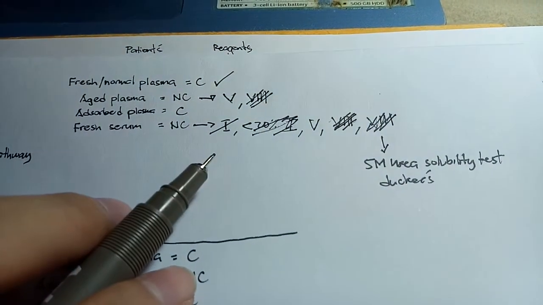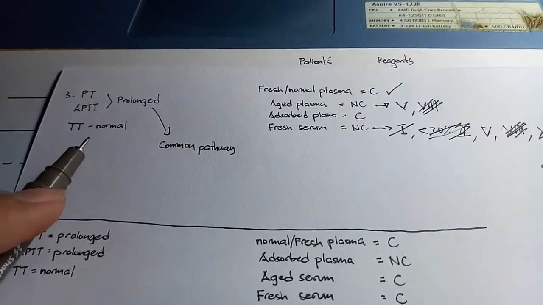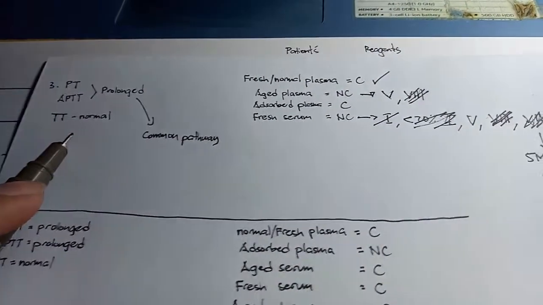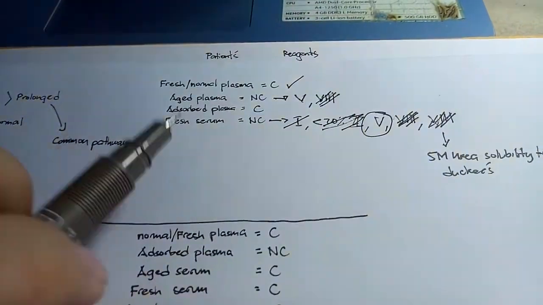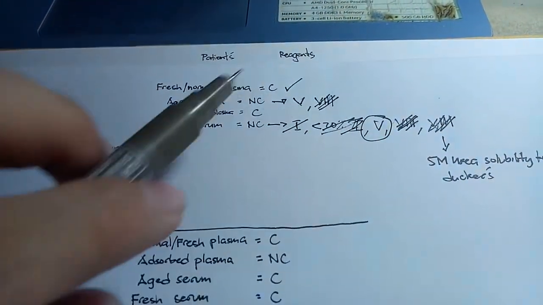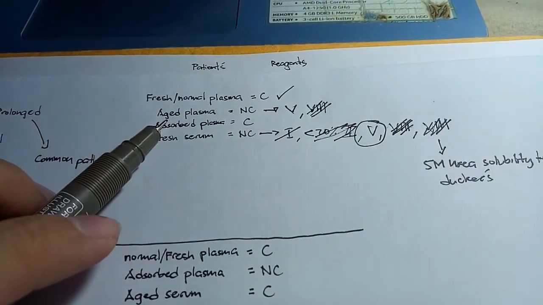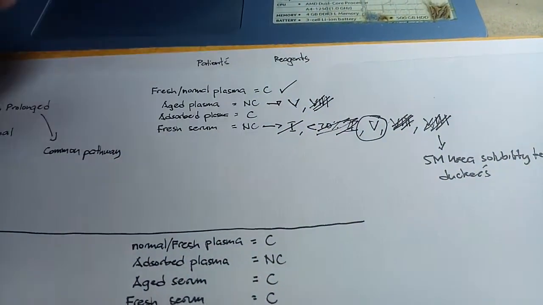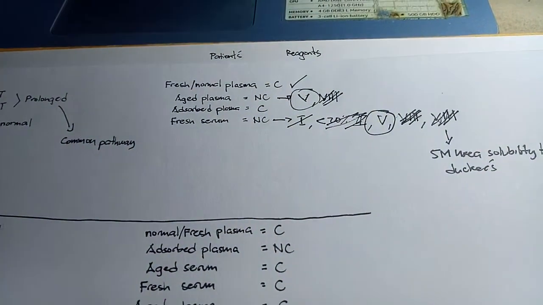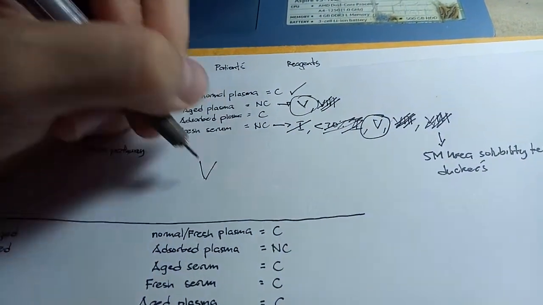Kasi kung walang factor 1, edi sana abnormal or prolonged yung thrombin time. So the best answer here is factor 5 kasi sa fresh serum, okay, factor 5, and kung titignan mo din sa aged plasma, dalawa na lang sila natira, so hindi pwedeng factor 8, so factor 5. So our missing factor is factor 5.